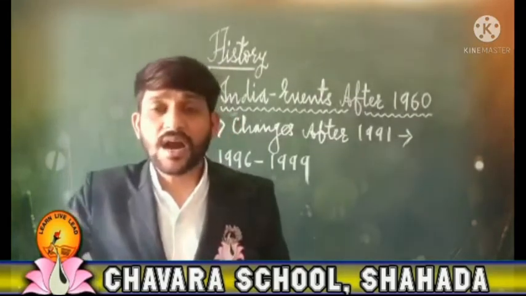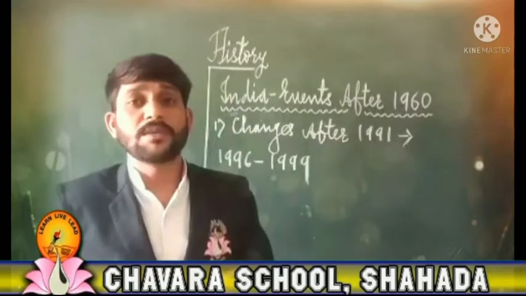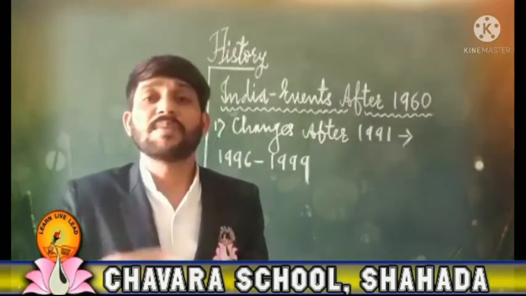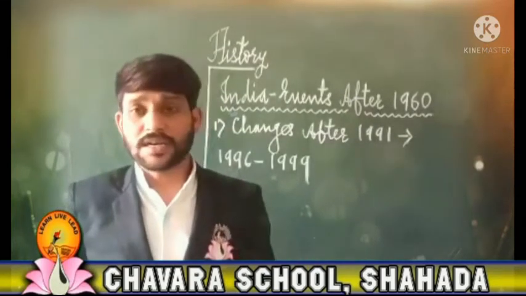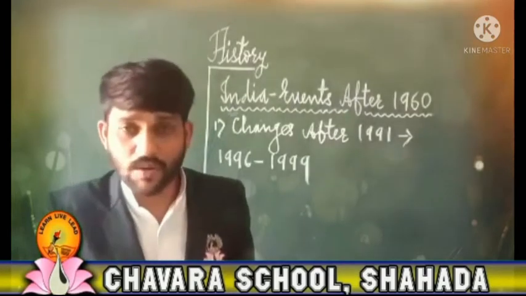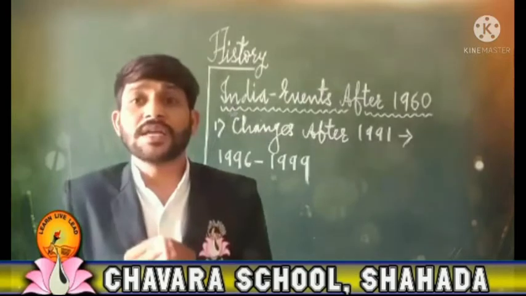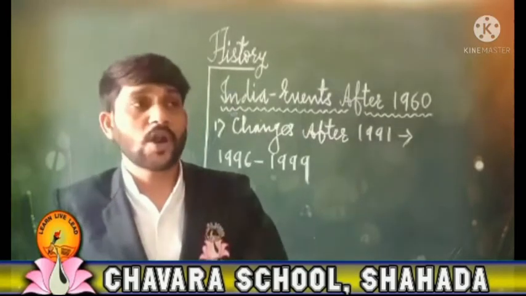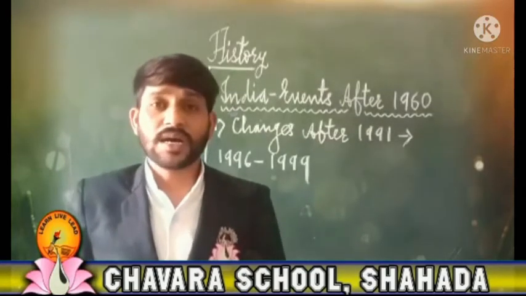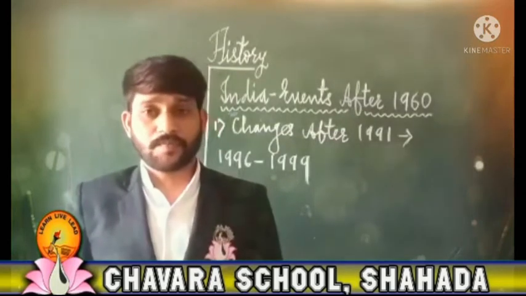The party was led under the guidance of Atal Bihari Vajpayee, and he became the Prime Minister of our country. During his tenure, he tried to establish a dialogue with Pakistan, but was not successful.